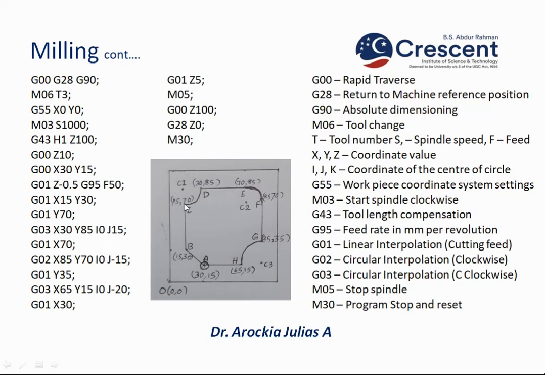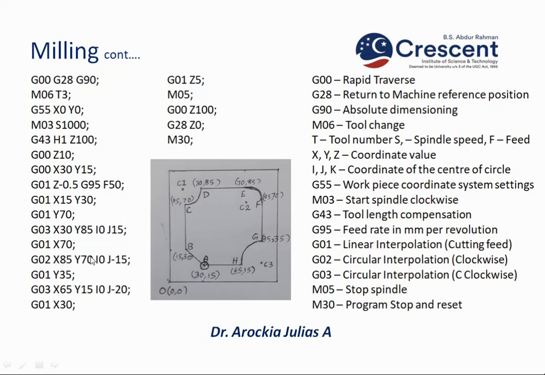Here the I value is used for X, the J value is used for Y. If you look at this particular case, I is not going to move, whereas J has to move by 15 units. That's why I0 J15 for C1. Next is a linear interpolation G01, the Y value is not changing, so X70.